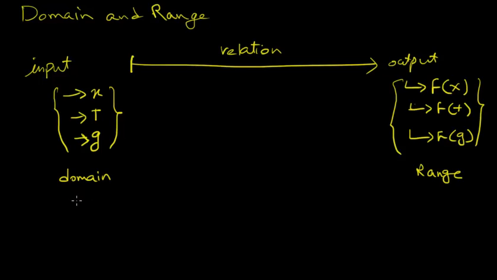Domain is also called argument and independent variable, that I assume you are all very familiar with. And the range is also called dependent variable.